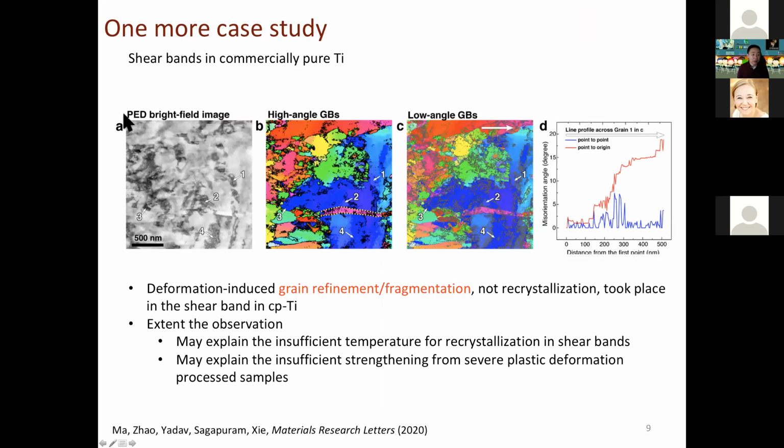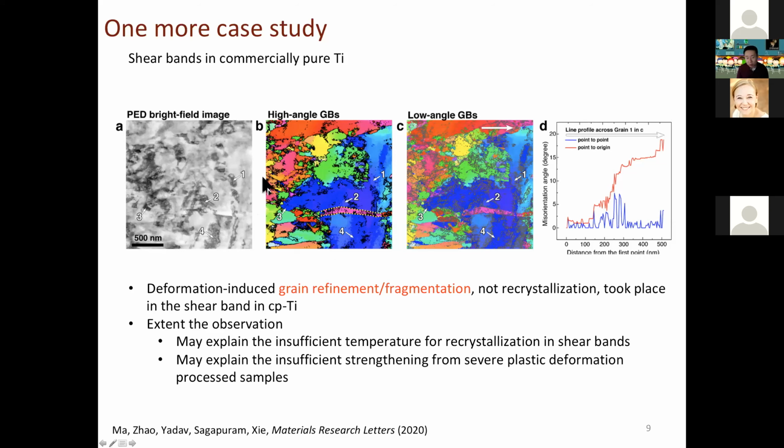Again, this is the PED bright field image. And within the shear band, you see those individual grains, quote unquote individual grains. But when looking at the orientation map, very surprising. What we saw was these seemingly individual grains actually belong to a giant grain, a giant parent grain. It's not only here; in many other regions, you can see they have large crystals.